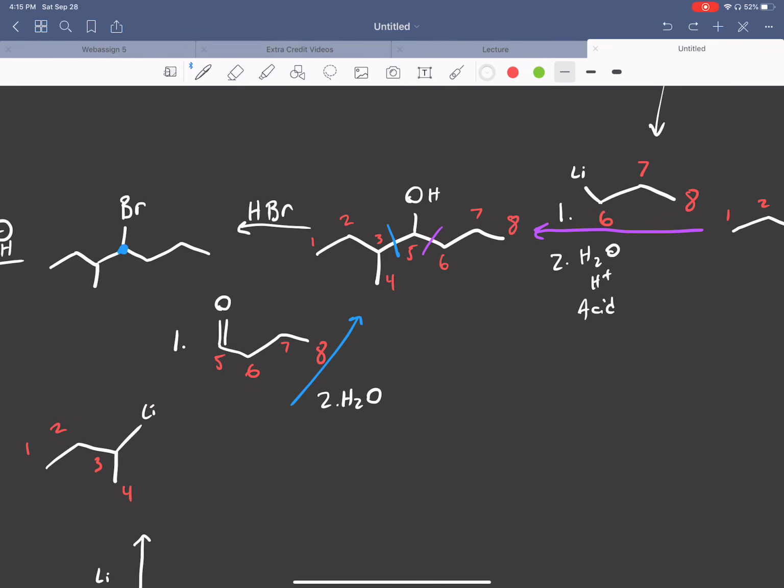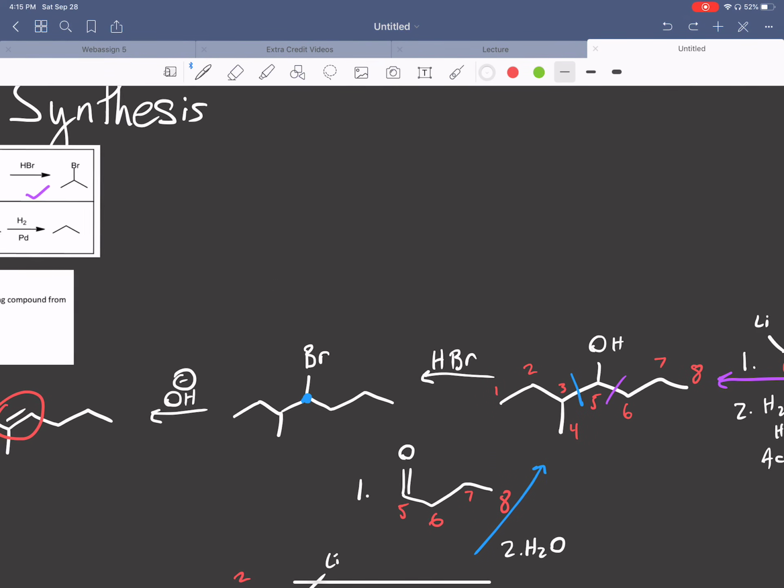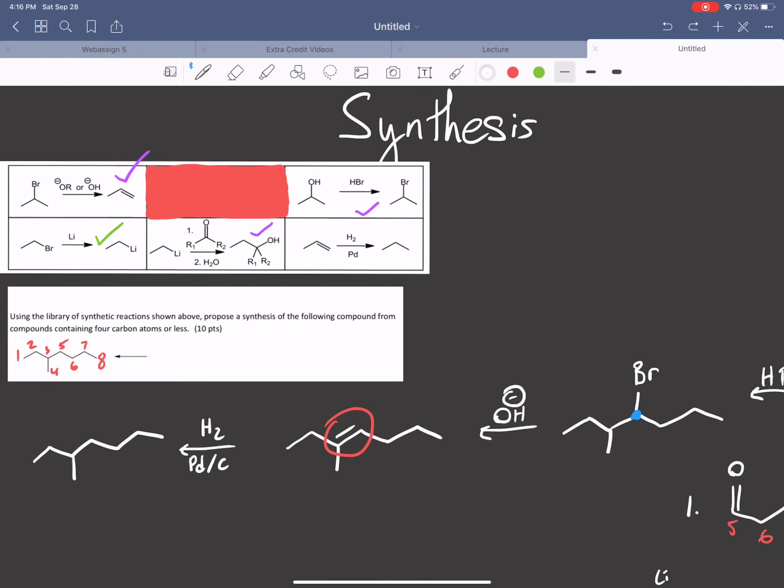Of course, if you know the mechanism, you could always feel free to do it if that's easier for you. Then once we have our OH, we went forward and put HBr, and that replaced the OH with the Br. Let's check that out. Yep, you can see it on the toolbox at the top right. That's exactly how that reaction works.